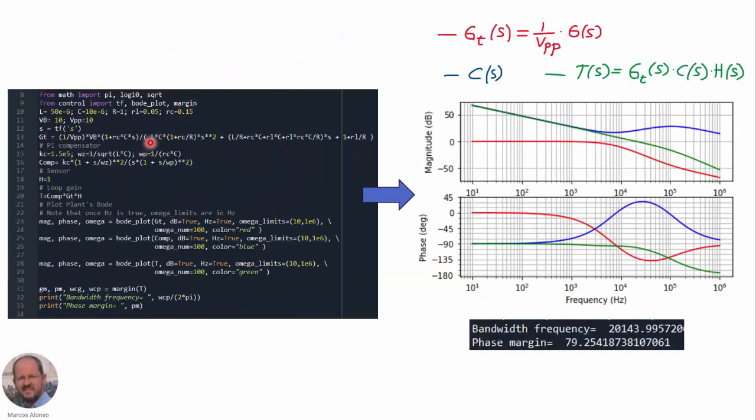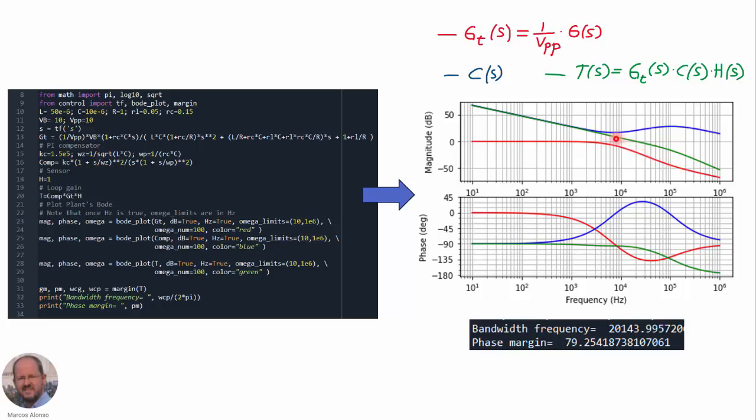Here again we have the WinPython script, now with the new expression for our compensator, and again we have here the different transfer functions, and we can see in blue the transfer function corresponding to the compensator. What we have done, as we have seen before, is to place the two zeros here at the double pole of the buck converter and the two poles at the same frequency as the ESR frequency.